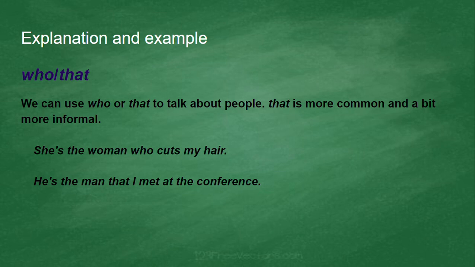Now I will give you examples of the kinds of relative clauses. For number one, who or that. We can use who or that to talk about people, but that is more common and a bit more informal.